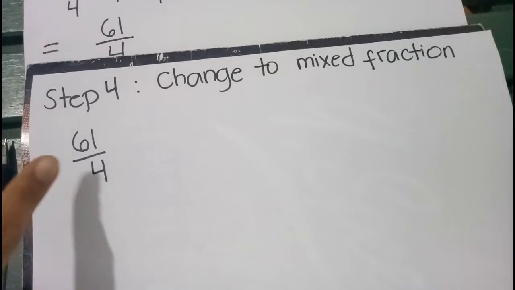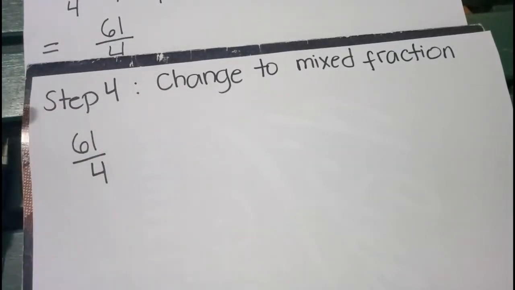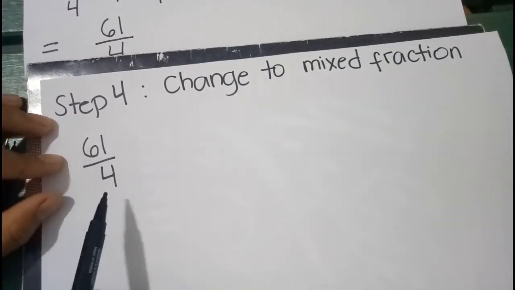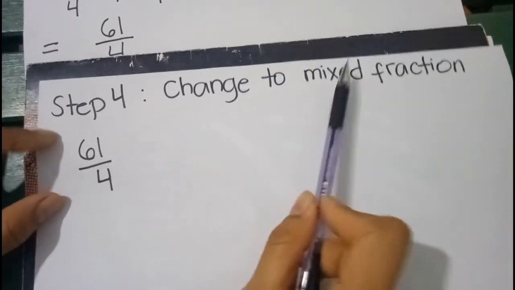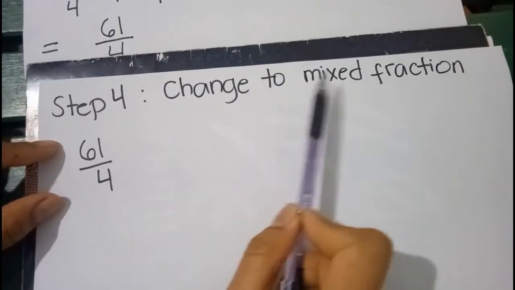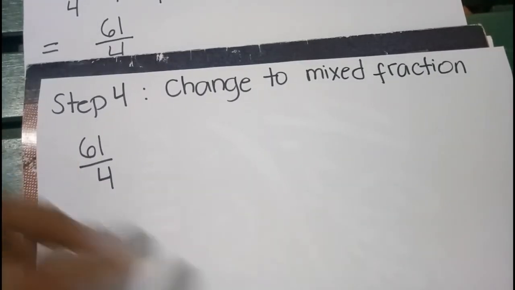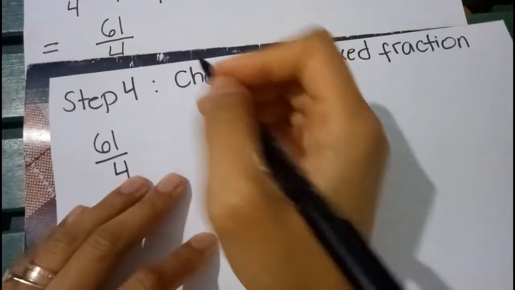To change an improper fraction to a mixed fraction, what you need to do is divide your numerator by your denominator. I'll show it. You are going to use long division.